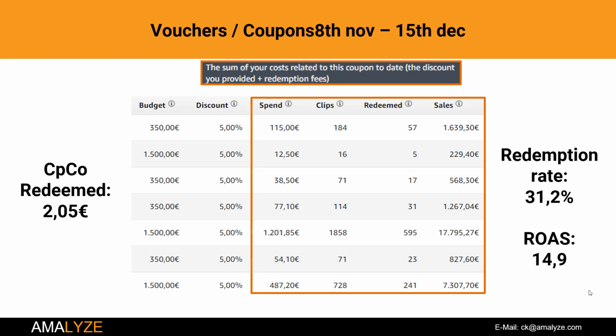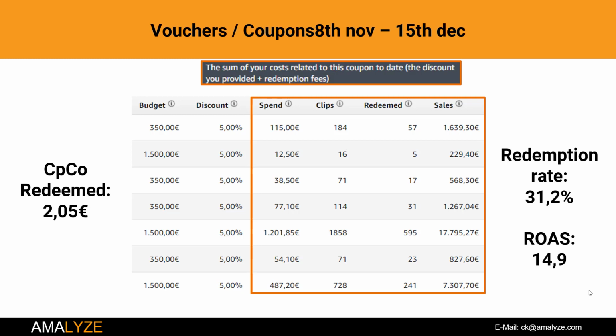That should be the best scenario, a redemption rate of, let's say, 100%. You need to double check that. From my point of view, the 5% doesn't really increase our sales. That was the typical client sitting on our product detail page, seeing, oh well, here's a discount, I will just take it anyway.